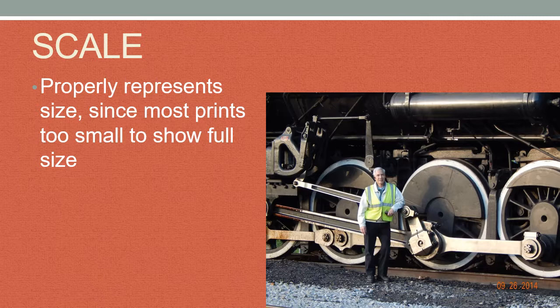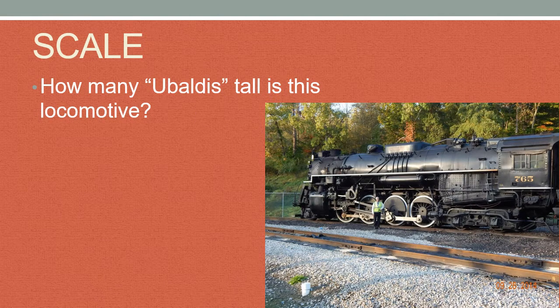Those wheels are about as tall as I am, and I am 5'9". But it gives us an opportunity to estimate the size by making use of it. So you could ask yourself, how many Ubaldes tall is this locomotive? And so it's 1, 2, about 2.5, so about 15 feet.